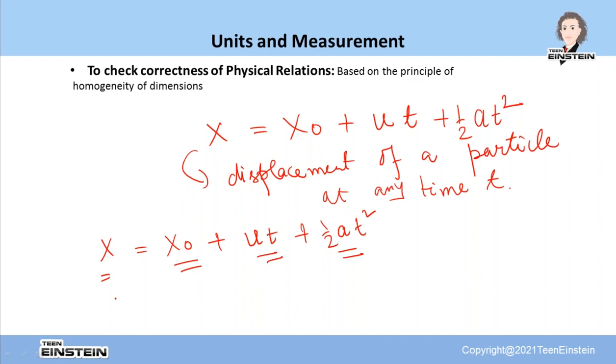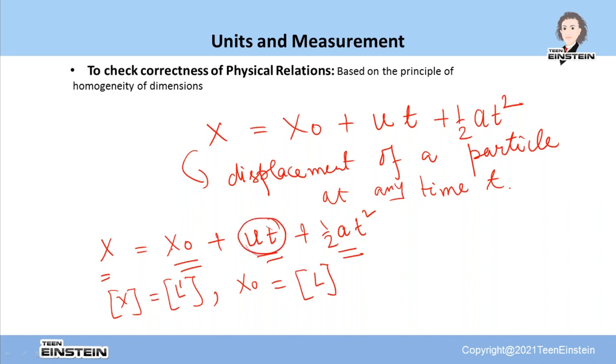Let us take the dimension of x. What is the dimension of x? This is having a dimension of length, L to the power 1 also I can write. What about x0? The same thing, this also has unit of length only.